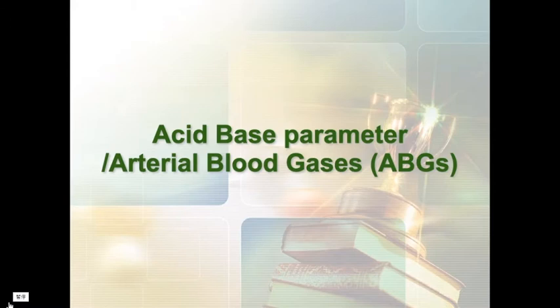Acid-base parameters and arterial blood gases, ABGs, are very important data or indicators we use in clinical work to find out the real situation in our body, because compared with the pathology, all the pathophysiology problems are not shown clearly morphologically like all the pathological problems.